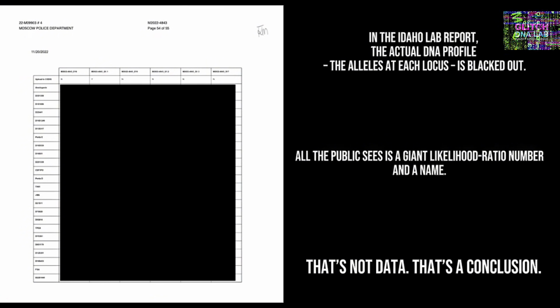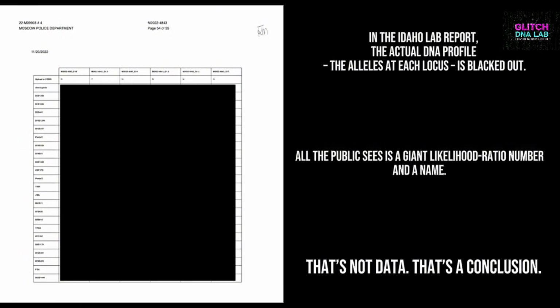It matches. Now let's talk about the reference sample, the cheek swab taken from Kohberger himself. It travels through the paperwork under 3 different identities. Number 1, Item 108, reference oral swabs for Bryan Kohberger. That's the physical buccal swab.